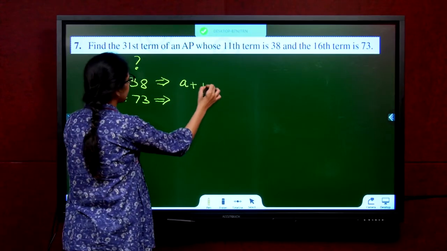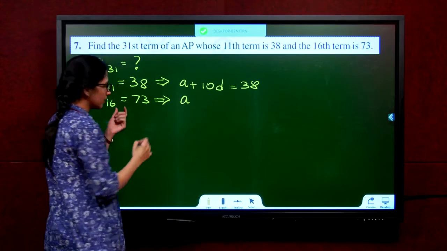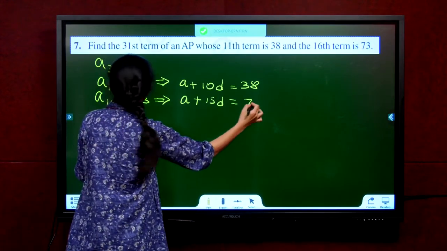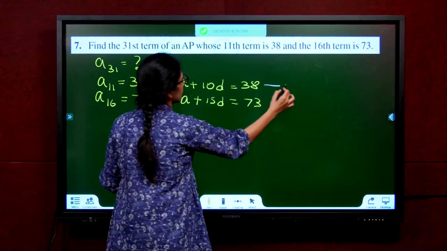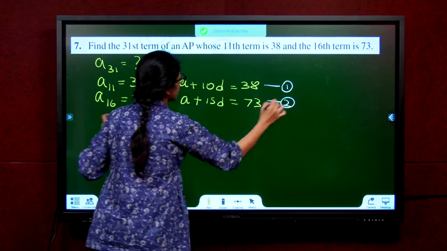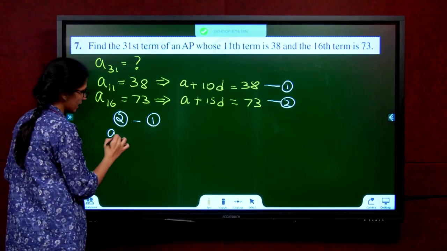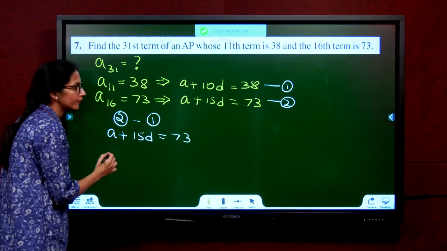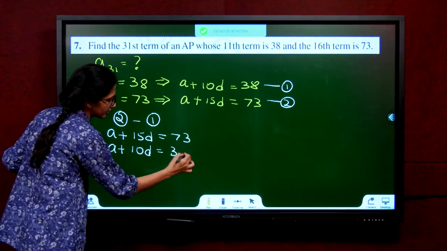A plus 10D is equal to 38. And here A plus 15D is equal to 73. You can do either equation 1 minus 2 or 2 minus 1. I am doing 2 minus 1. So A plus 15D is equal to 73. A plus 10D is equal to 38.